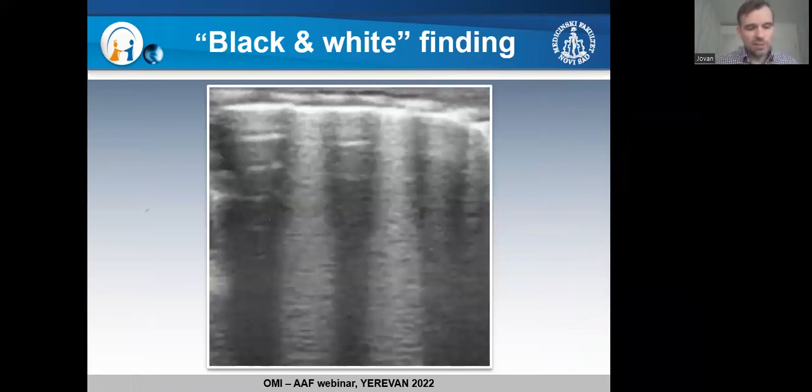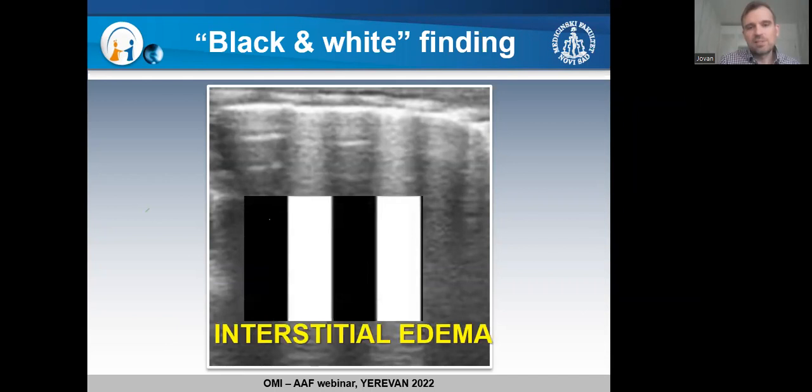I always like to make things as simple as possible. So if you have a few B lines and in between you have those A lines, this preserved normal lung ultrasound pattern, let's call it black and white finding, and this is an interstitial edema.